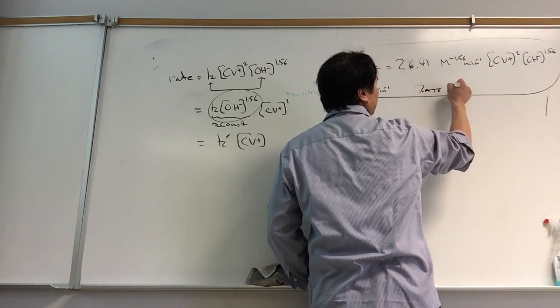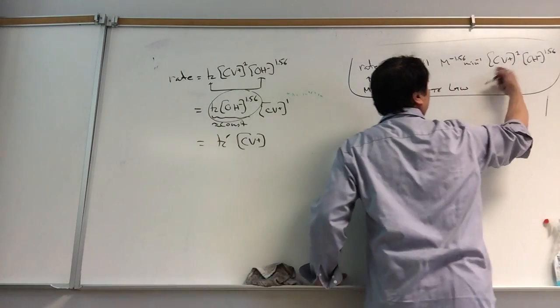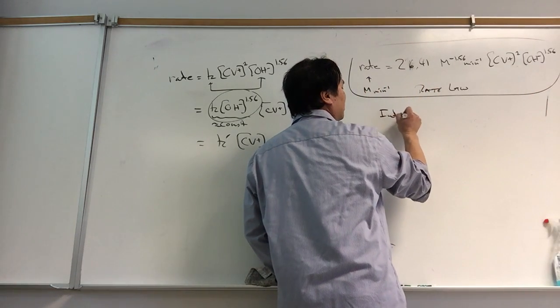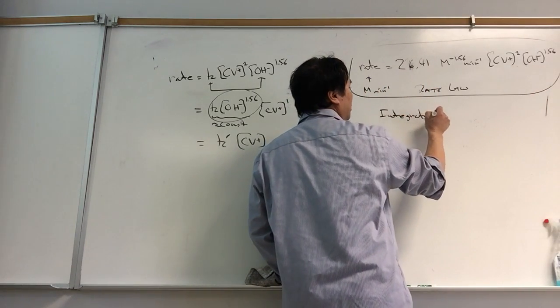The rate law just tells us how the rate is impacted by the concentration. The integrated rate law tells us how much and how long.